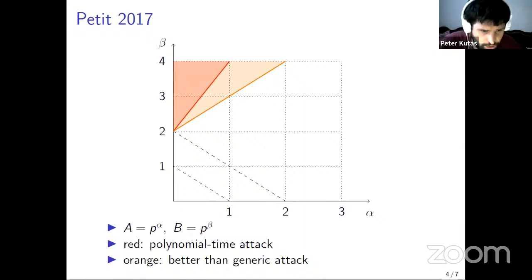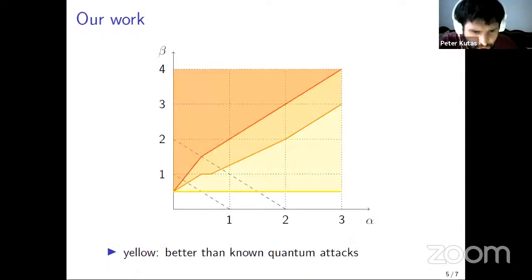This was the situation in Petit's work, and as you can see, our work has substantially improved the original method of Petit. A much larger portion of the parameter space is covered.